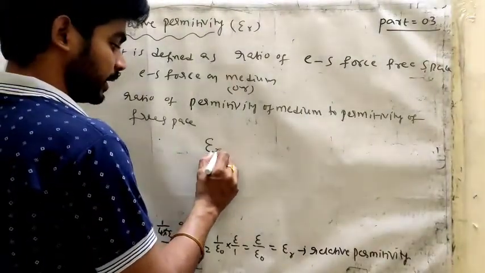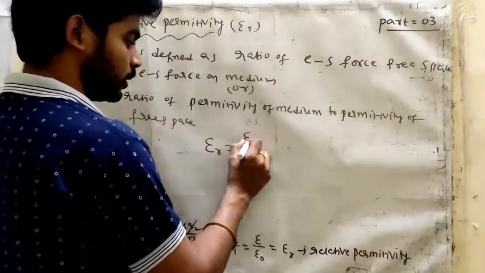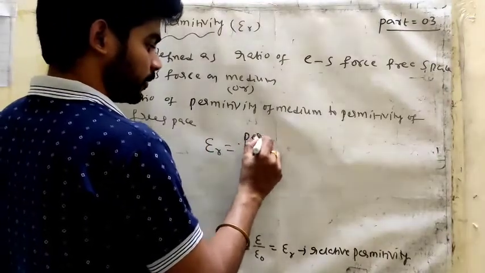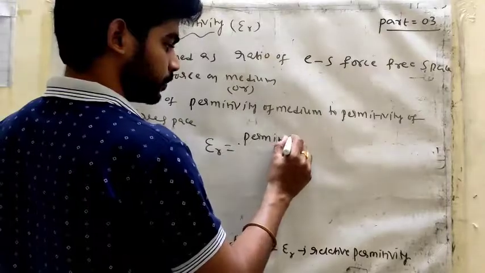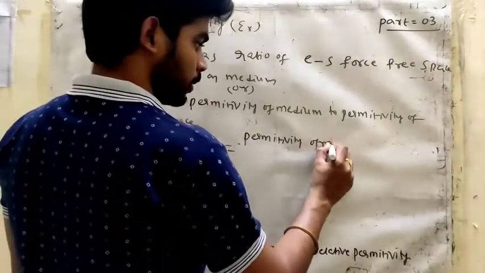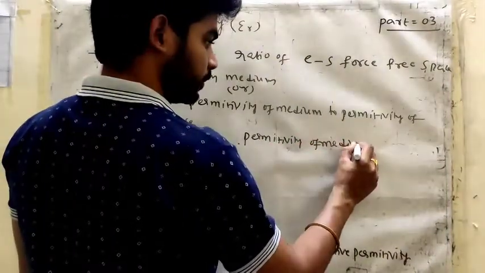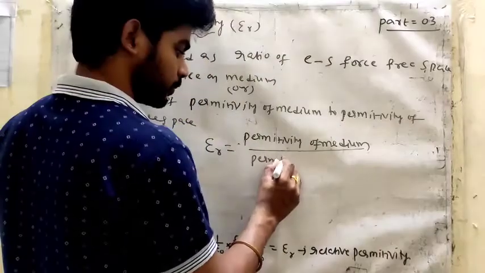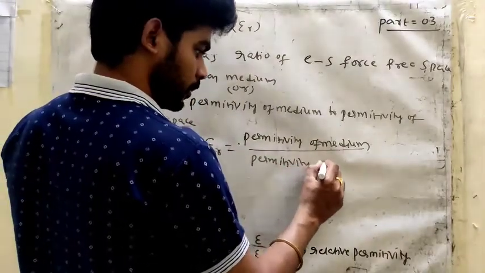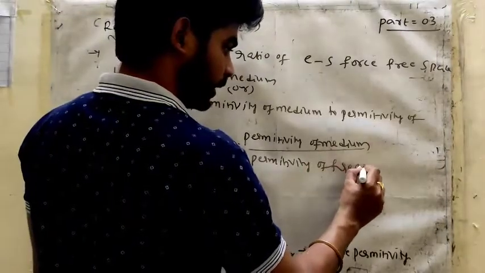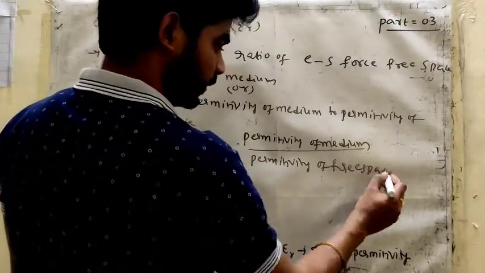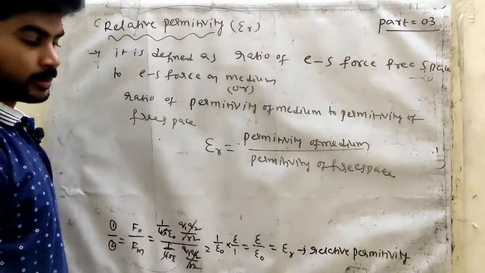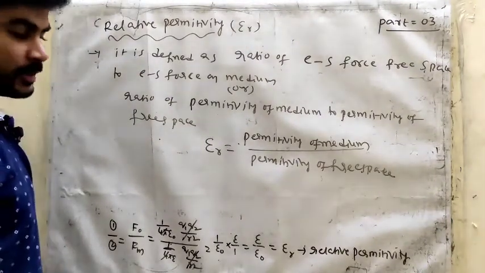So the relative permittivity epsilon r is equal to the permittivity of medium by the permittivity of free space.